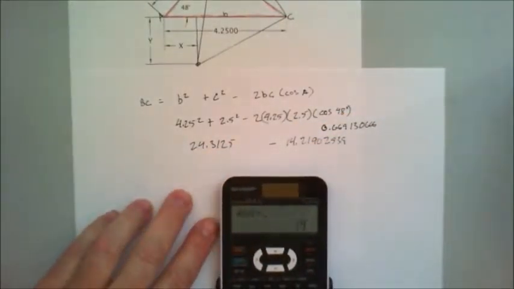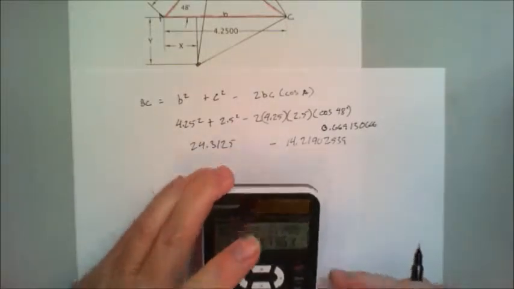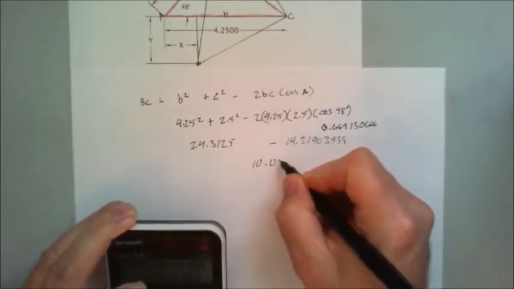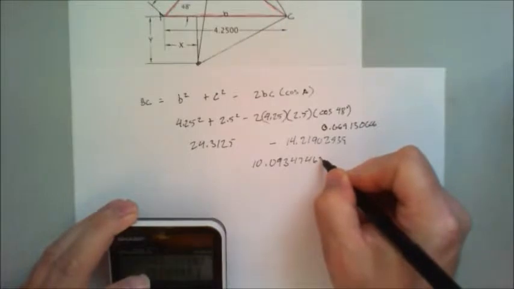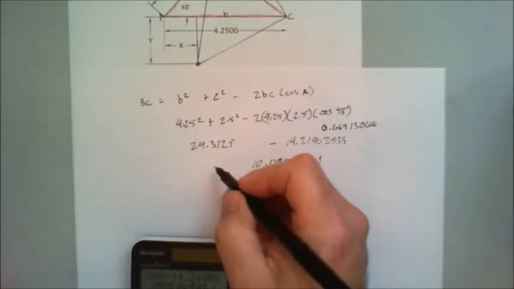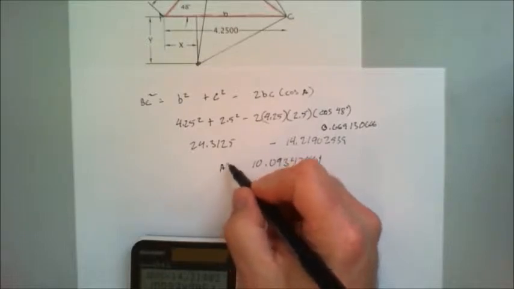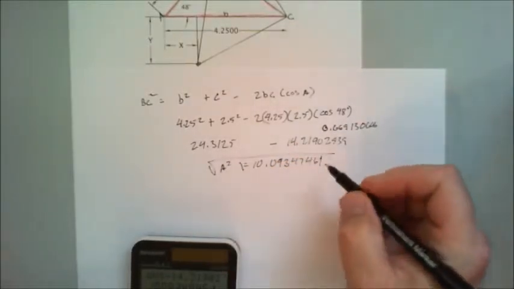Minus 2 902.539 equals 10.0934746. Squared equals, square root everything.